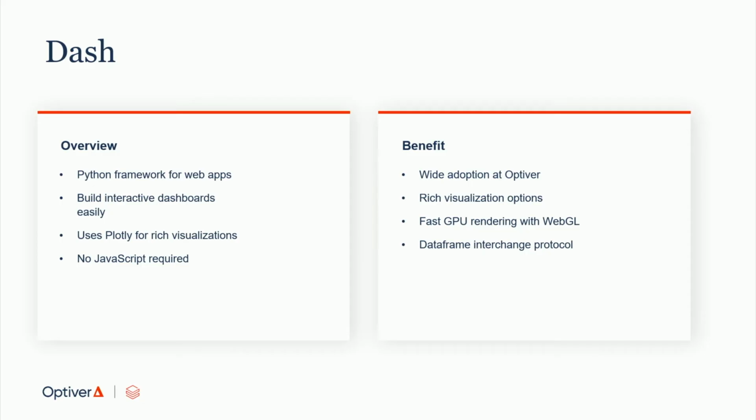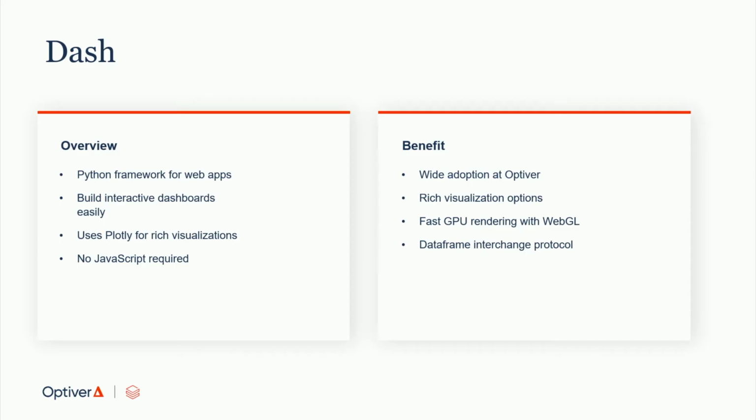For Optiver, it has a lot of benefits. At Optiver, it's starting to become a standard technology to build front-end web-based visualization. It also allows us to render a lot of data through its GPU rendering.